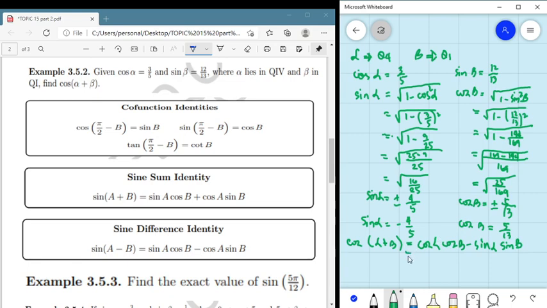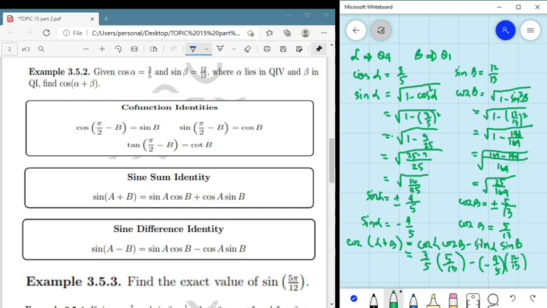So this will be equal to 3 over 5 for cosine alpha, times 5 over 13 for cosine beta, minus negative 4 over 5 for sine alpha, times sine beta, which is 12 over 13.